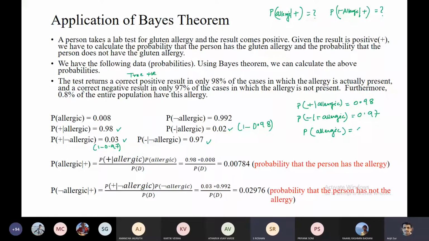And not allergic is 0.992, which is 1 minus 0.008. Same thing. Okay. Now you can understand everything, what the values are. Now these two values you can very easily calculate using the Bayes theorem.